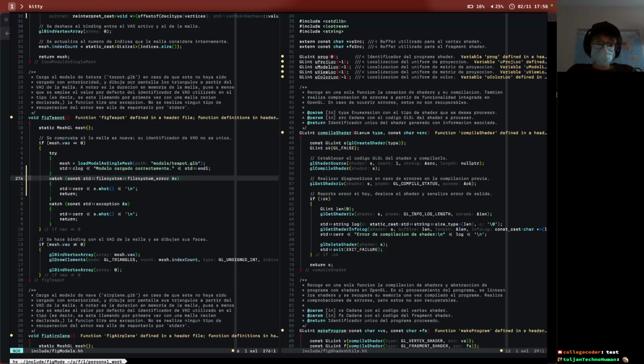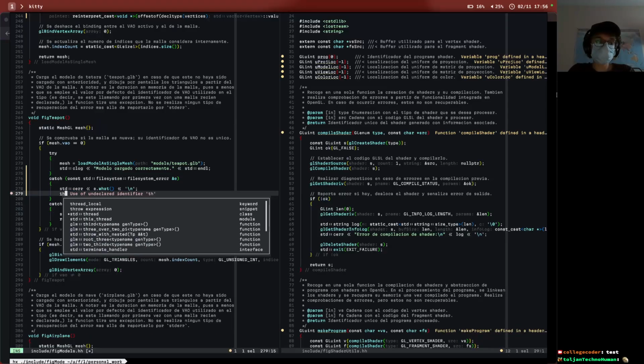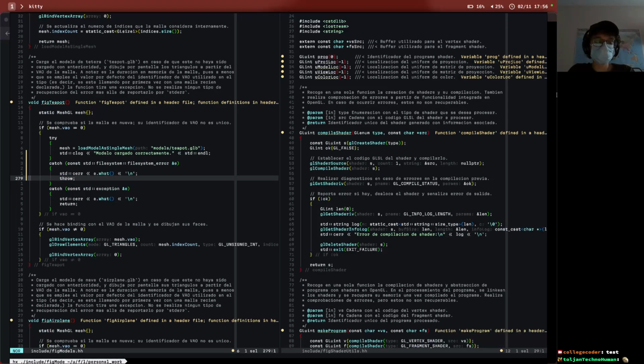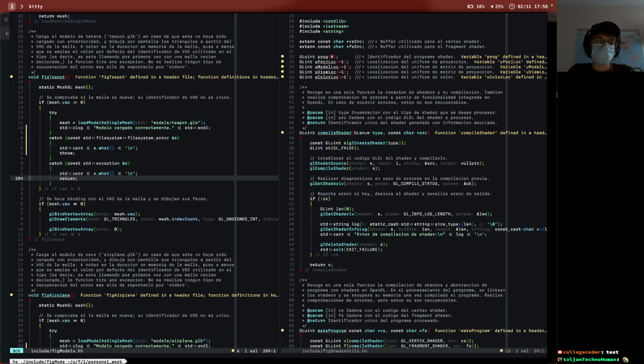Next time it gets called, the mesh VAO is of course still going to be 0, it's going to try to load it again, and hey, guess what? Another error. Yeah. This is not good exception handling. This is supposed to throw again. If anything, it should throw the same one. And then, whatever it is that I've called fig teapot from, throw again.